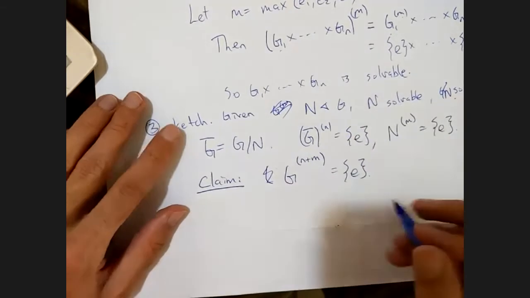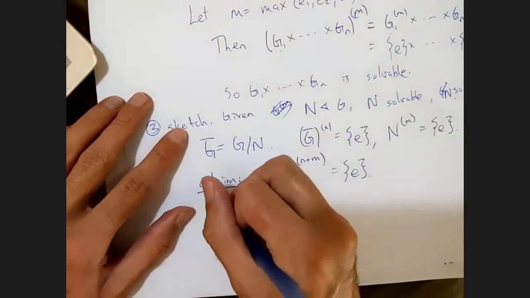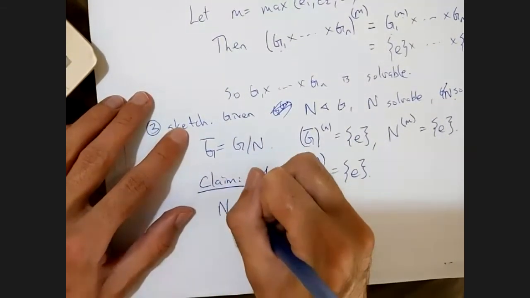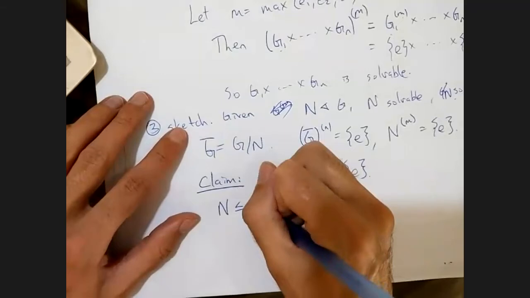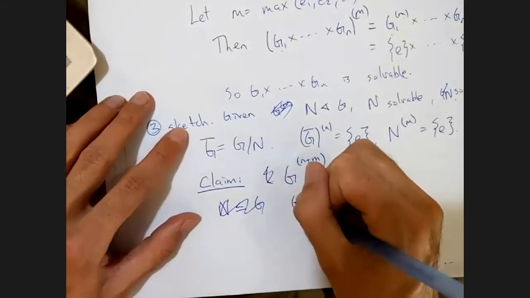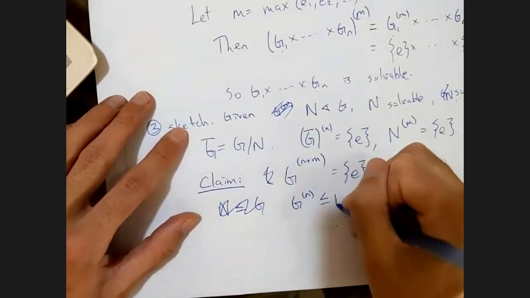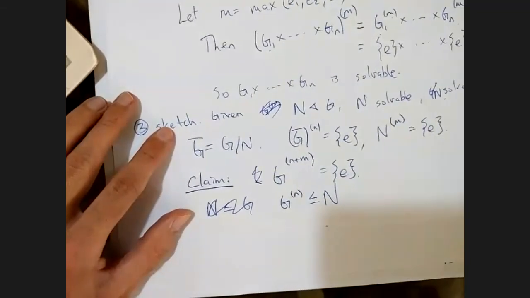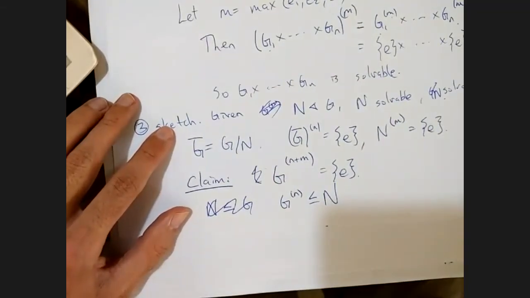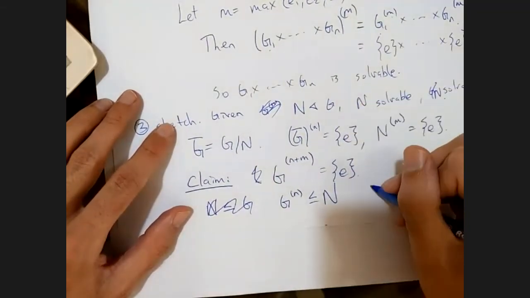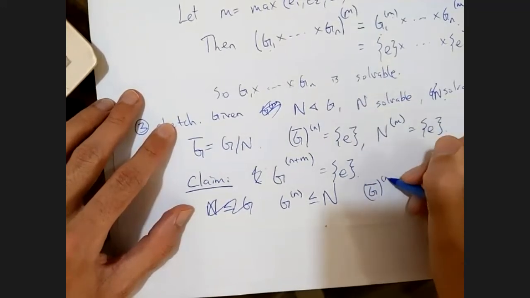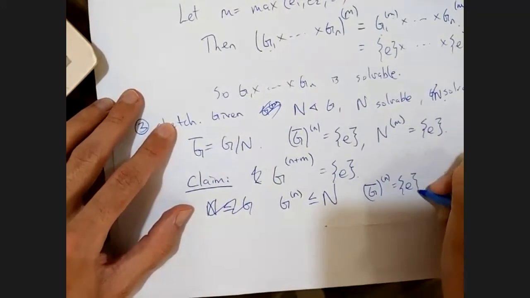Okay, so first of all, you can say that G to the n is contained in N. That's because G bar to the n is trivial.